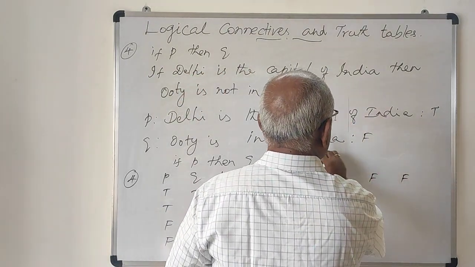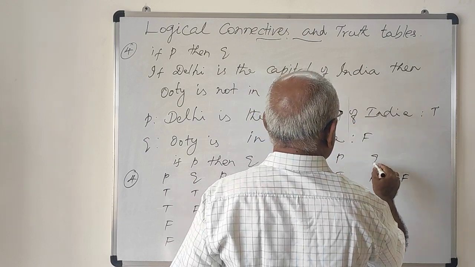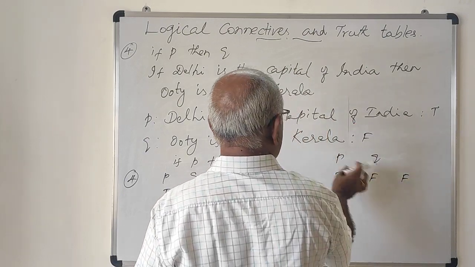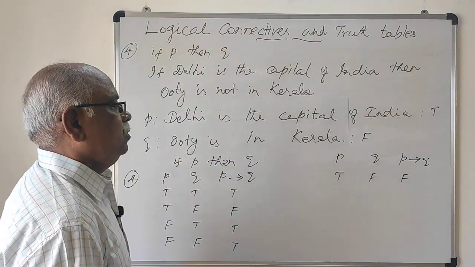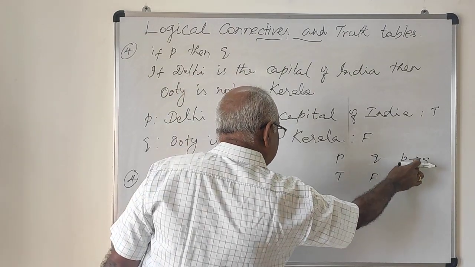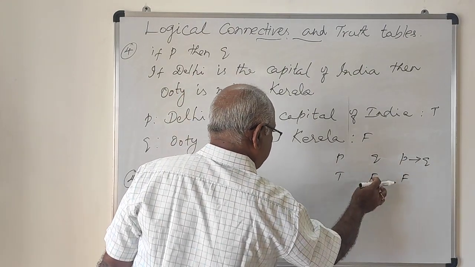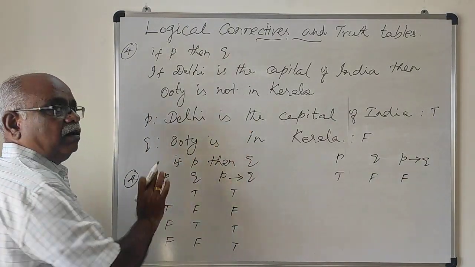Okay. Here, P is true: Delhi is the capital of India. Q, Ooty is in Kerala, is false. Therefore, P tends to Q is false. So this is the idea for the single conditional statement. If the first statement is true and the second statement is false, P tends to Q is false. The rest of the three are true.